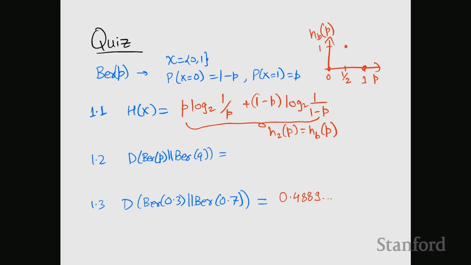So it's 1 at half, and you can prove in your information theory course that it's a concave function. So it looks something like this. It's symmetric around half, as you can see in the expression as well, right? Not much to say other than you will see this function a few times.